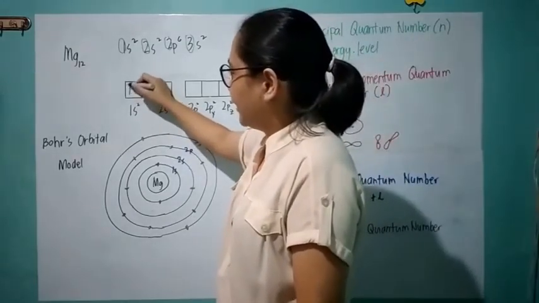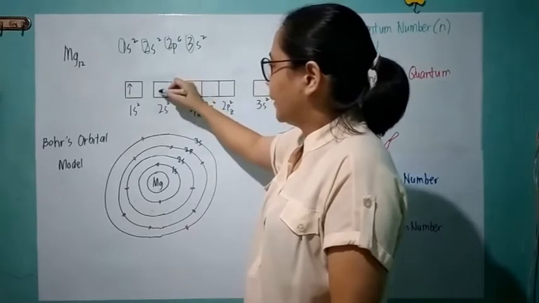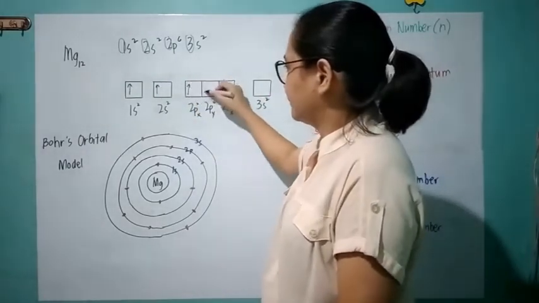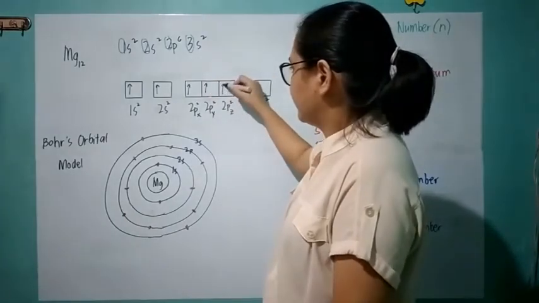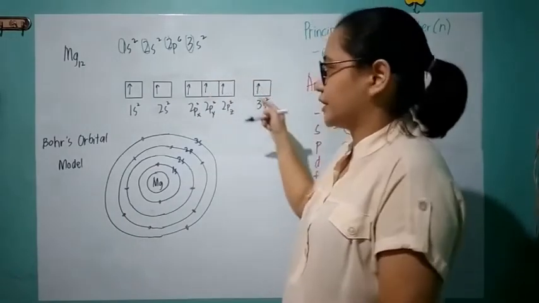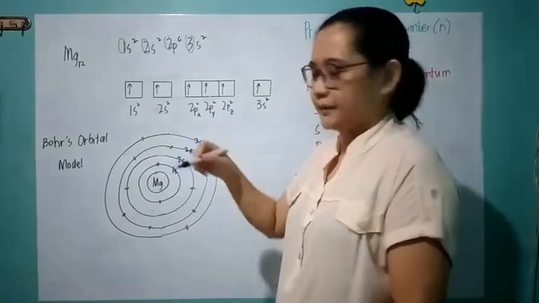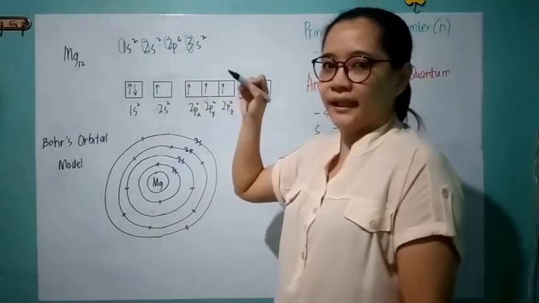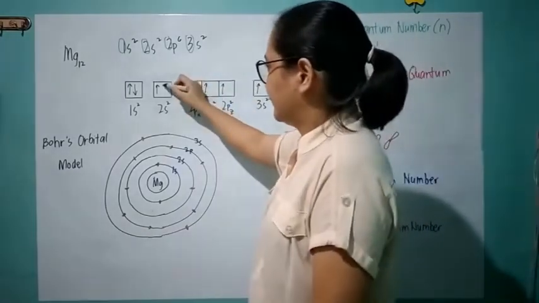First, we fill up with positive spin, until we reach the 12th electron. This represents negative spin, downward.